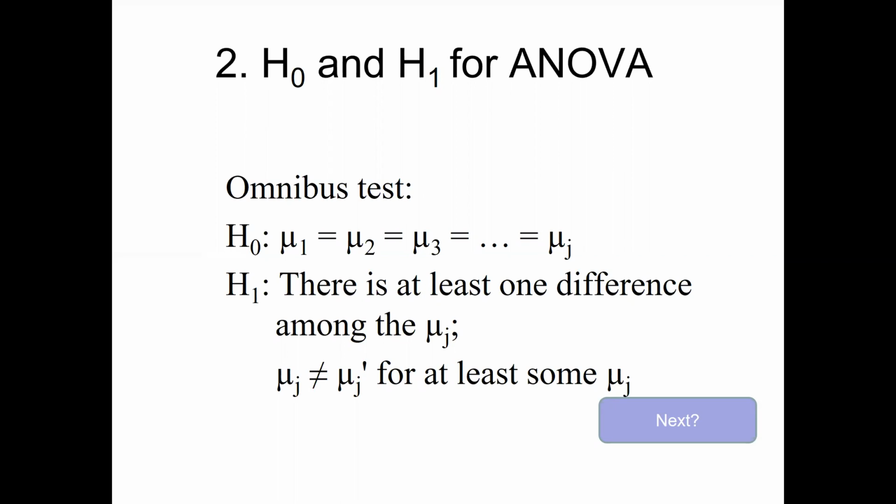So after we set up our hypotheses, you have to know what your hypotheses are. You have to be able to articulate them. And I will ask you often to write them out, but they're not usually written in a professional write-up.